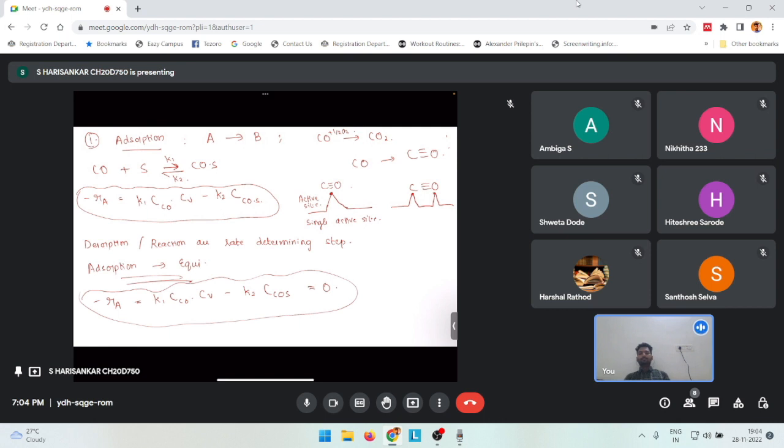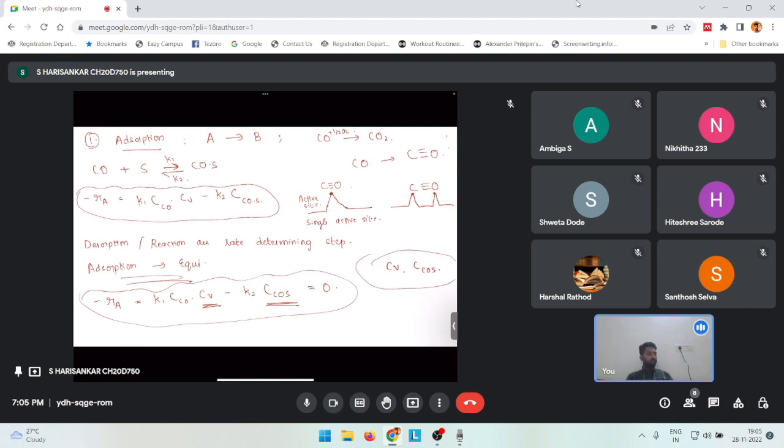Now the thing with this is, to determine this Cv and CCOS is a very complex procedure. We can determine your reactant concentration or your product concentrations experimentally, and there are a lot of straightforward methods for that. But to determine the concentration of your active sites, the Cv or CCOS, which is basically your reactant molecule adsorbed onto an active site, is pretty difficult.